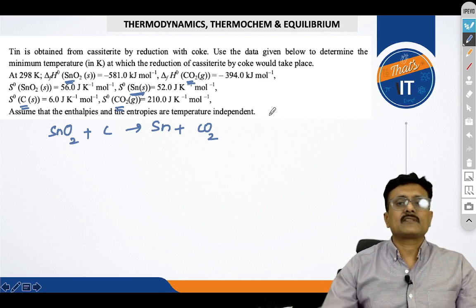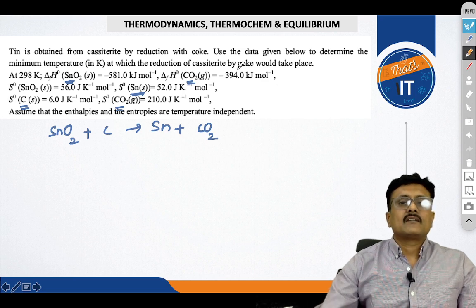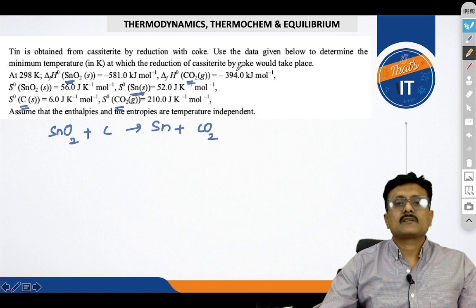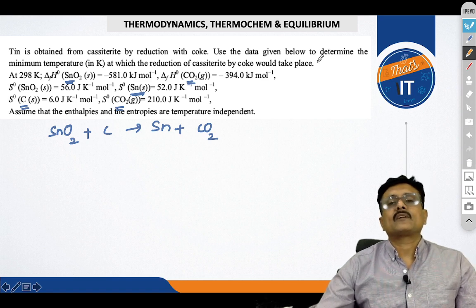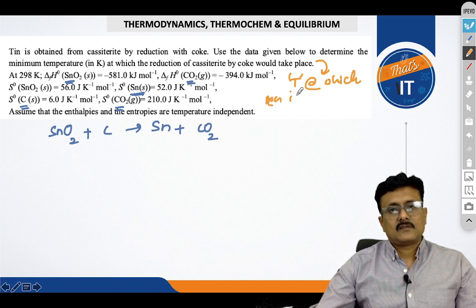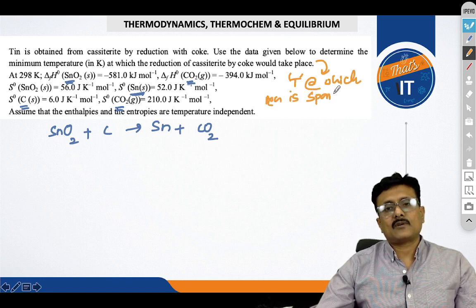Alright, now first of all, use the data: the minimum temperature for reduction to take place, right? That means the spontaneity temperature at which this reaction is spontaneous, that means it will take place on its own.